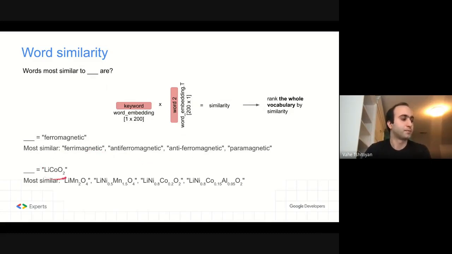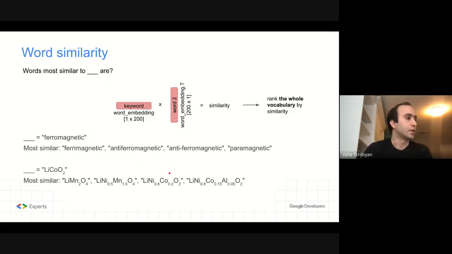Or if you take a battery material, lithium-ion battery material, lithium cobalt oxide, the very common one, likely the battery in your phone or in the computer I'm using right now, and you ask what's the most similar word, you get a lot of other lithium-ion battery materials. So it's capturing some domain-specific similarities, which is good.